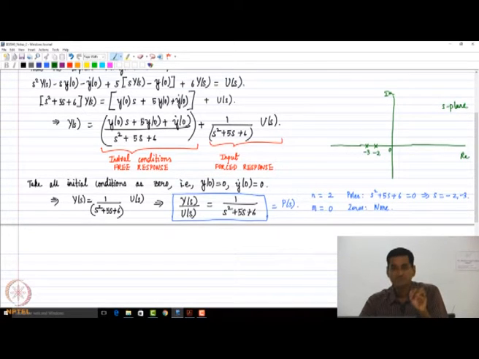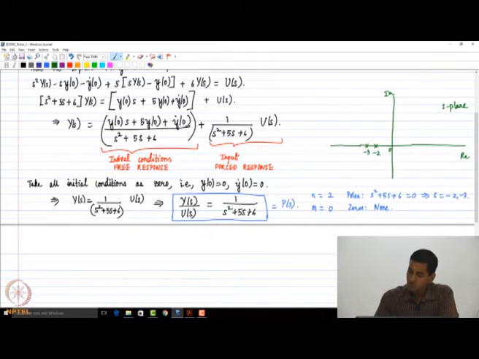This S-plane, or the complex plane, is used to indicate the locations of the poles and zeros of the transfer function, right. So the poles in this particular problem are at minus 2 and minus 3. Once again, poles are denoted graphically by an X sign in the complex plane.